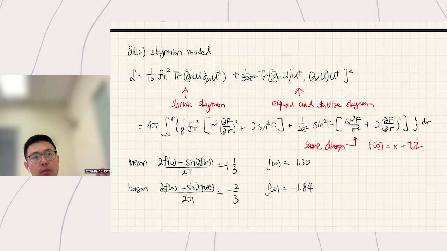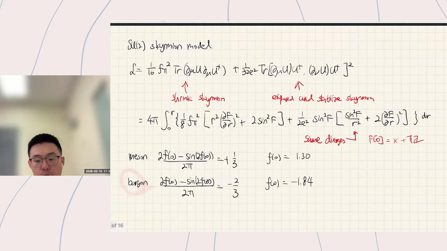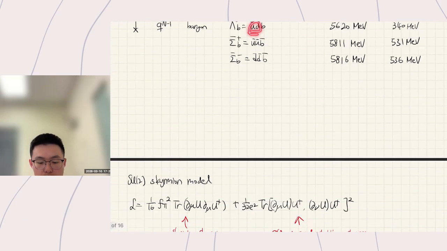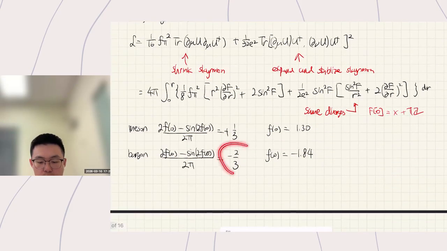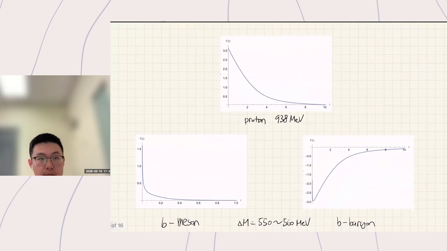The light quark carries 1/3 of the baryon number, and we find some F0s. And for baryons, it will have 2 light quarks. So that's why we want to find the solutions to these equations, and this is what happens if we solve the differential equations that minimize the energies.